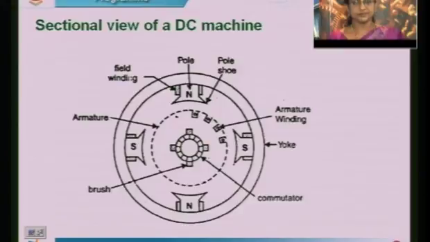And then here the yoke will give you the magnetic path for the magnetic field. When the conductor cuts the magnetic field, then the EMF will be induced. This is a commutator part. This is how the commutator looks like. These are the brushes.